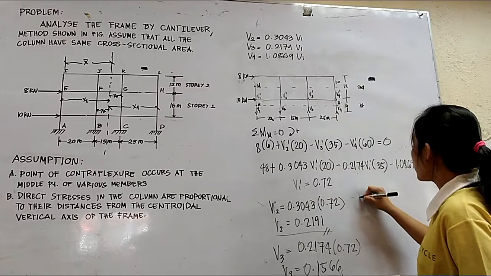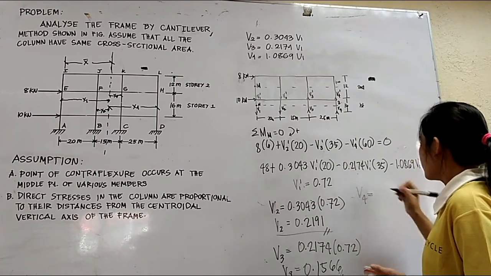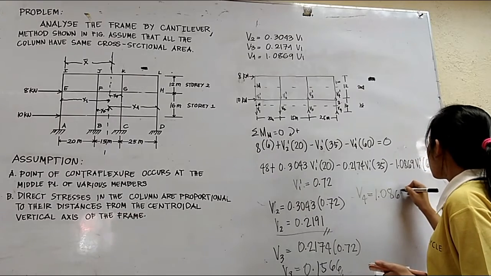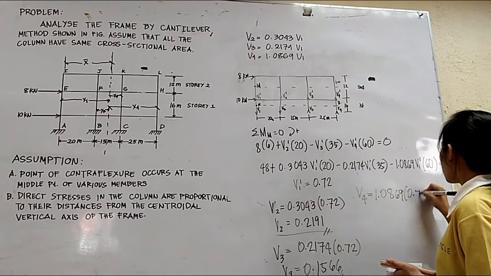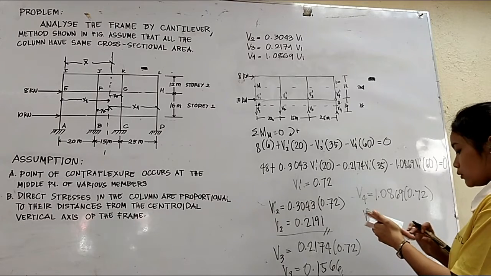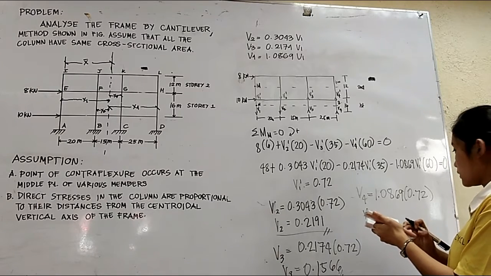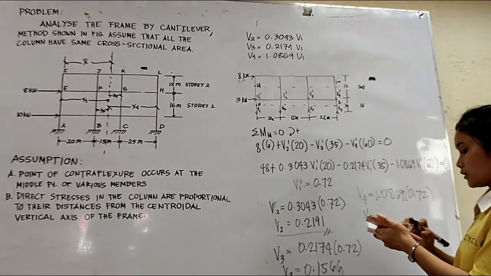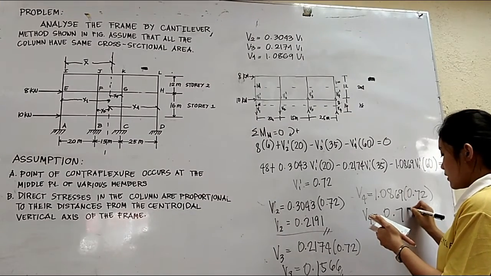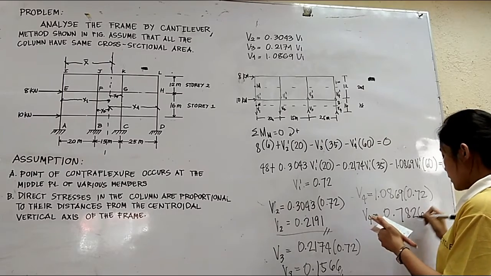For V4, 1.0869 times 0.72. The value of V4 is equal to 0.7826.